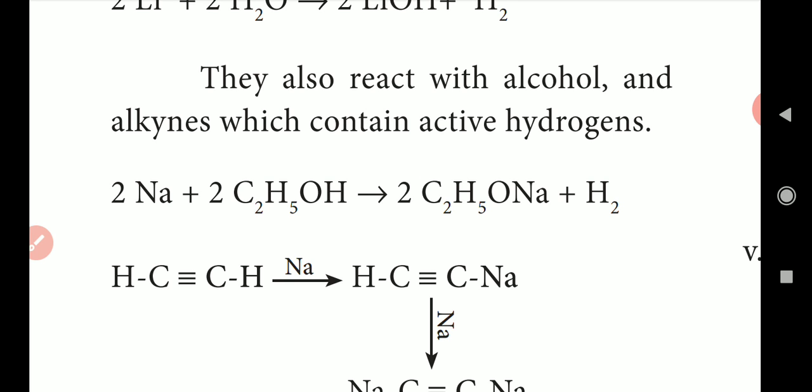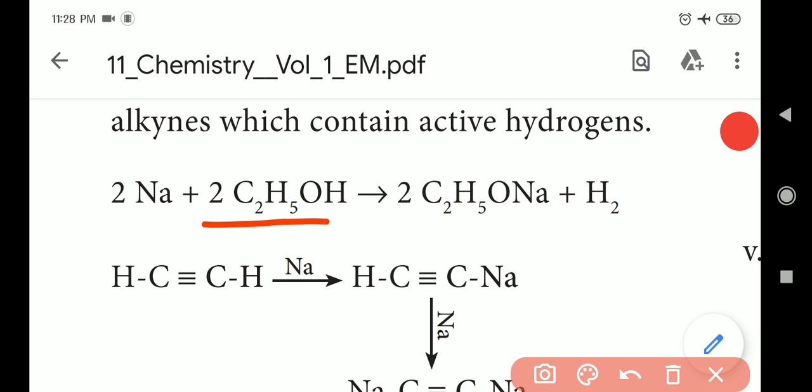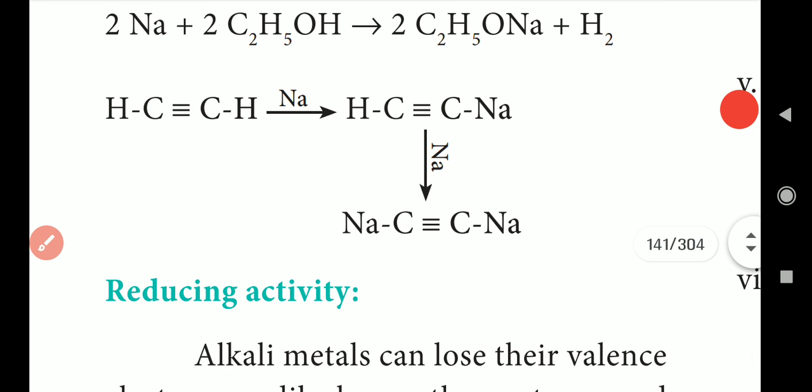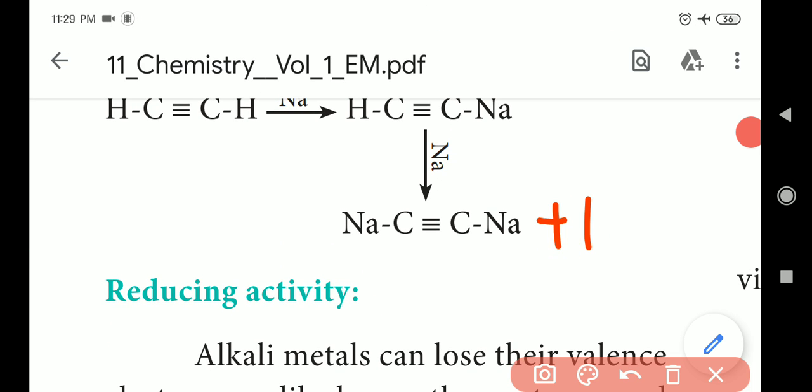Sodium metal reacts with 2 moles of ethyl alcohol and liberates hydrogen. Acetylene is the simplest alkyne compound, and when it reacts with sodium metal it liberates hydrogen.